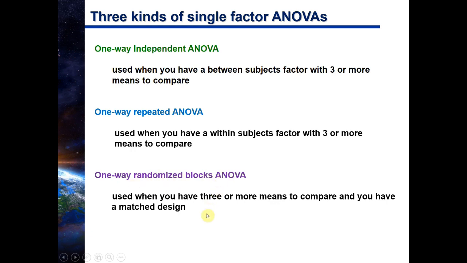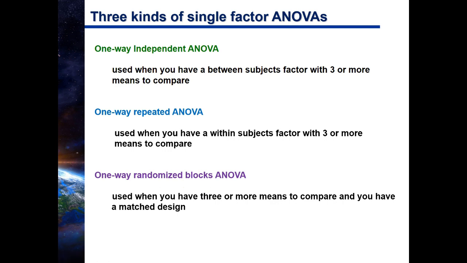So when you are comparing 3 or more means of a factor, if you've used matching, we're going to call it a one-way randomized blocks. And you'll understand why the name randomized blocks makes sense later in the lecture, okay?